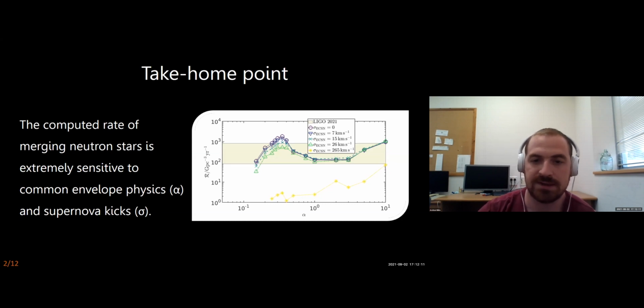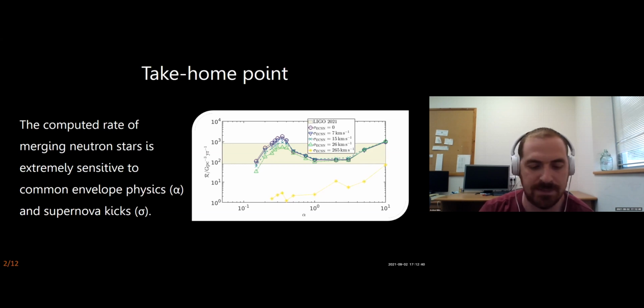So if we look at this plot, we can see the results from many different calculations with different parameters. Especially, we focused on the sensitivity to common envelope physics and supernova kick velocities. And what we can see is that there is a very large sensitivity to both of these.